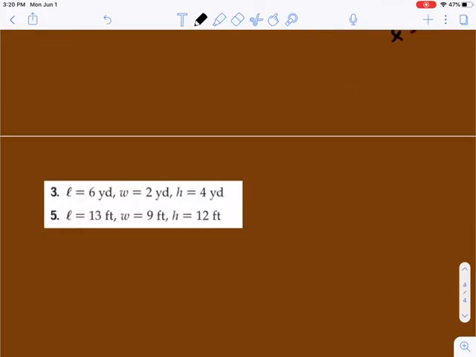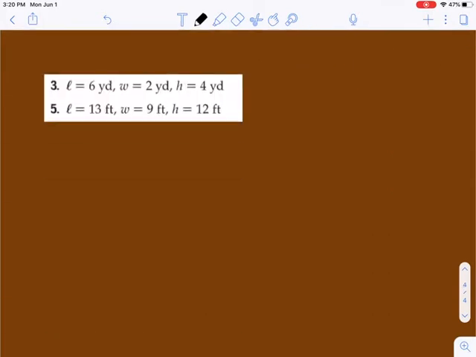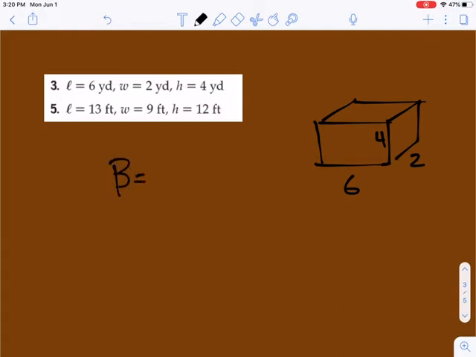All right, let's look at another one. Length, 6 yards. My width is 2 yards. And then my height is 4 yards. So we get something that looks more or less like this. My base, the area of my base, or the big B, would be 6 times 2, which gives me 12.